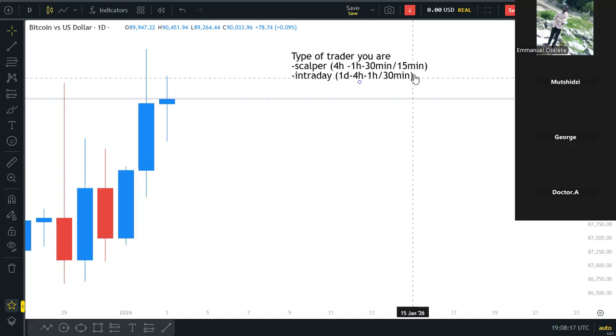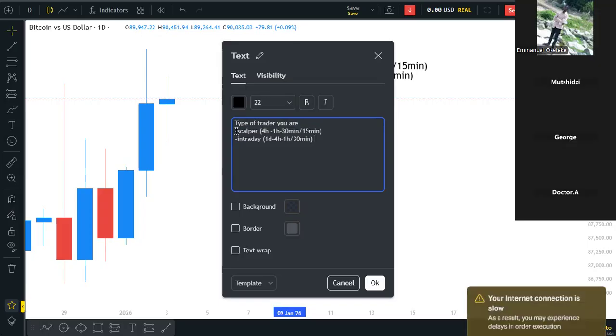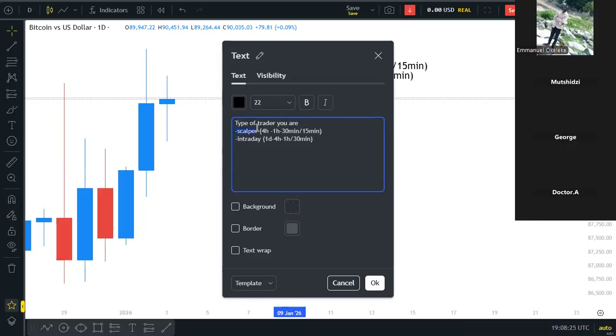Let's take for example the scalper time frame. What are the things you should watch out for in scalping?